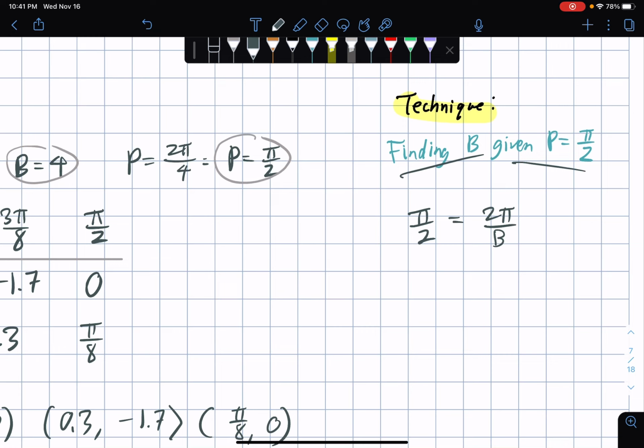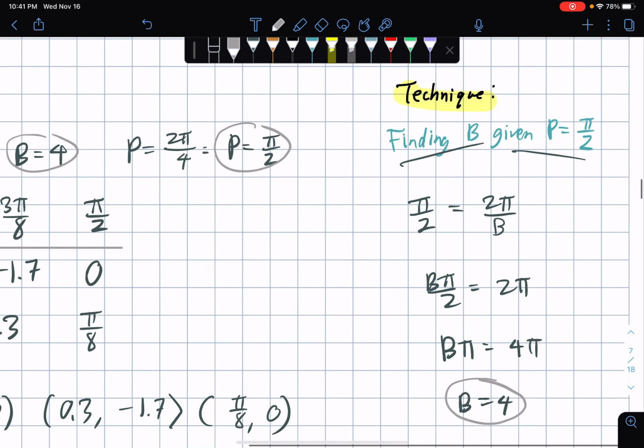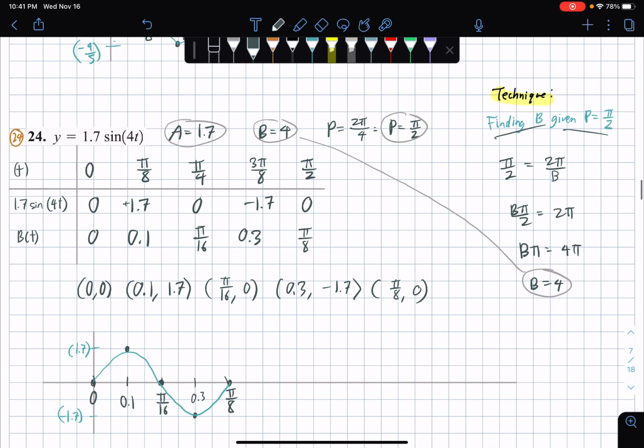So multiply both sides by b. We have b pi over 2 equal to 2 pi. b pi is equal to 4 pi. Divide both sides by pi, we have 4. b is equal to 4. They're the same, so I can confirm that it's correct.